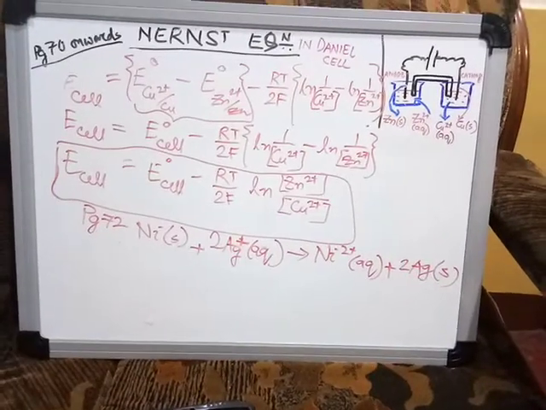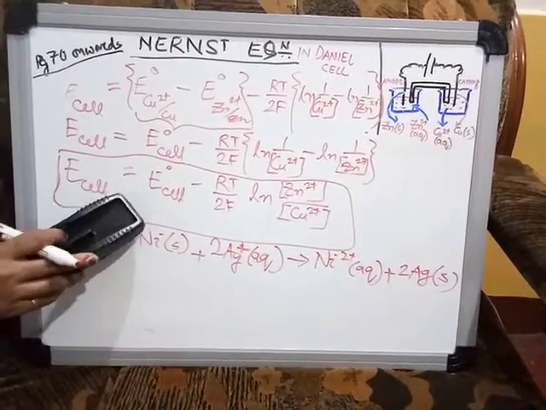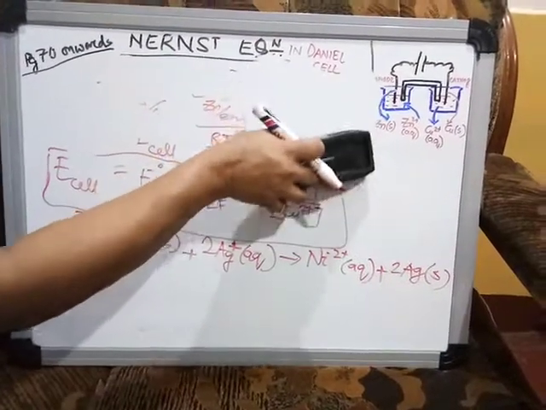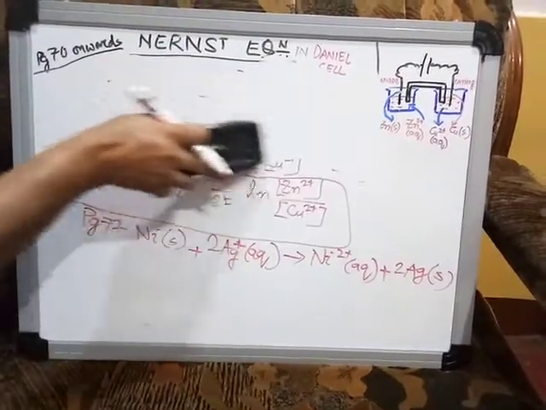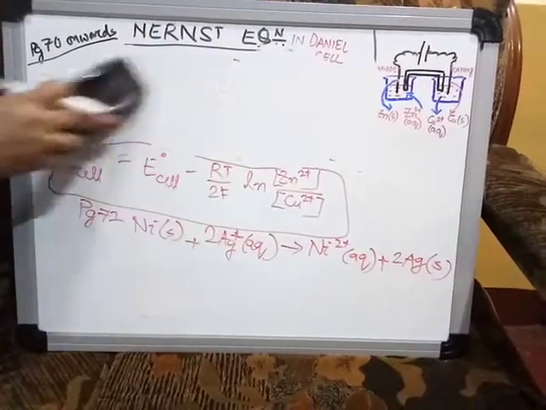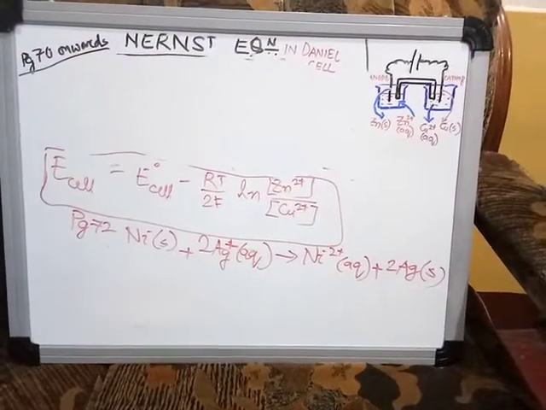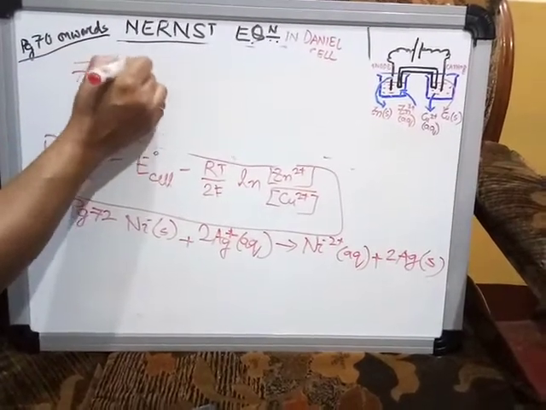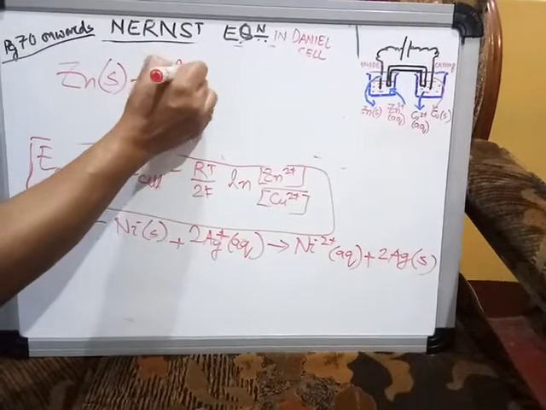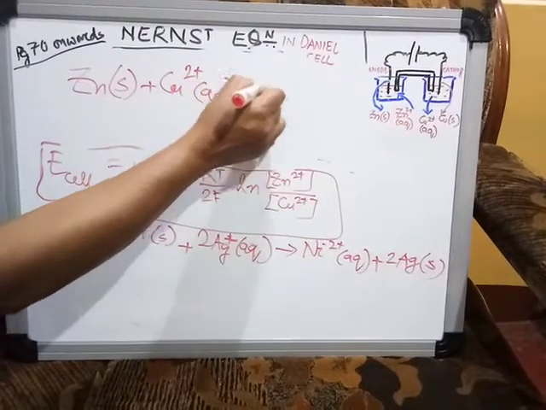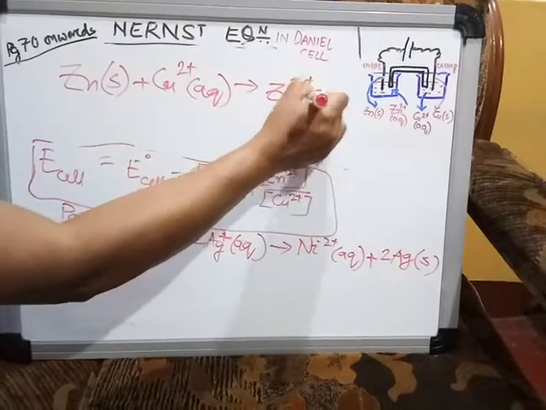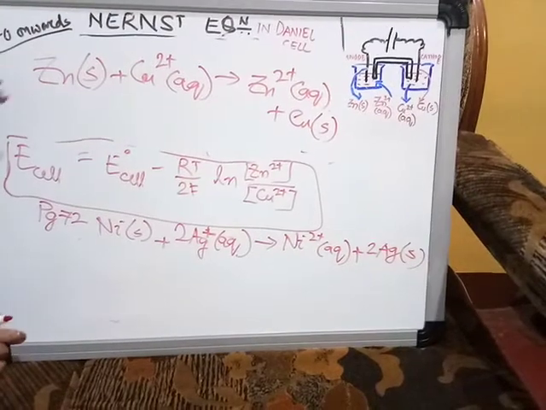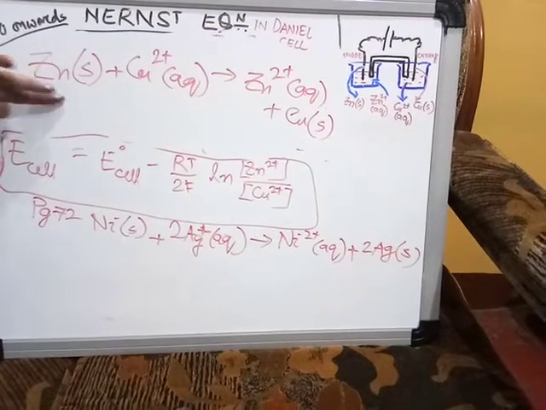So if we apply for a general reaction, you see this was the E cell Nernst equation for which reaction? In a Daniell cell, what is the final equation? The final equation for a Daniell cell was Zn(s) plus Cu2+ aqueous, arrow gives you Zn2+ aqueous plus Cu solid. This was your redox equation for Daniell cell.